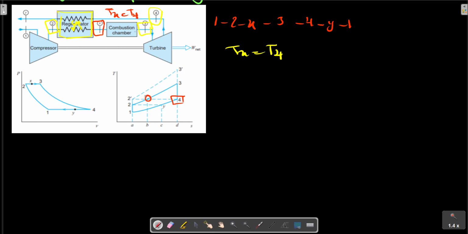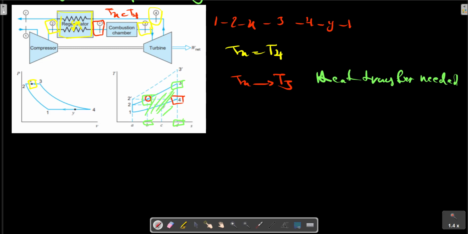Here, heat transferred in. The area X 3 and T, this area, represents the heat transfer.